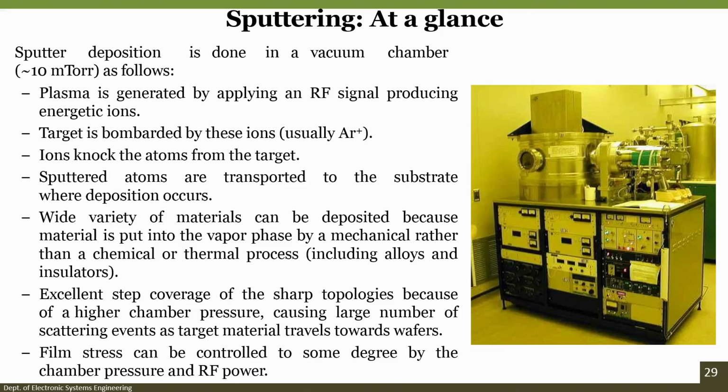Rest of the points we already discussed, so I do not want to rediscuss these things, except that you can see there is an excellent step coverage, sharp topologies because of a higher chamber pressure, and film stress can be controlled to some degree by chamber pressure and the RF power. So, those are very important parameters.